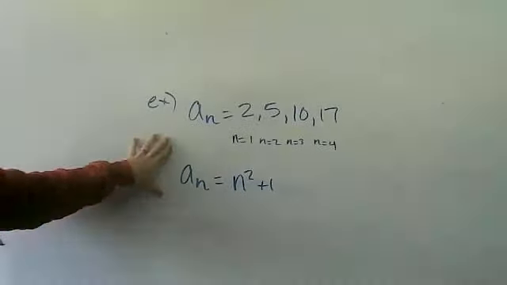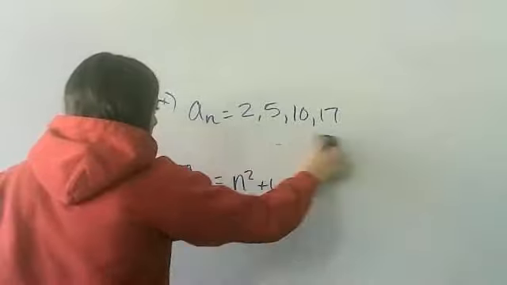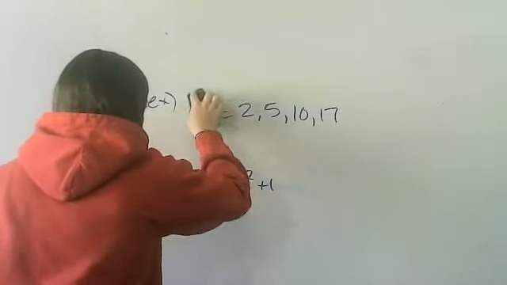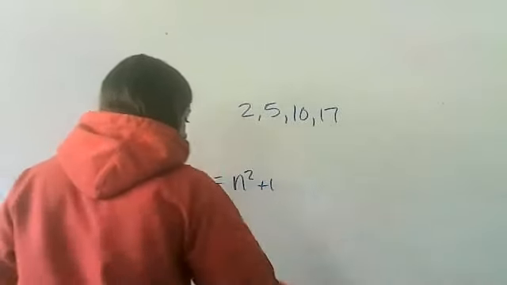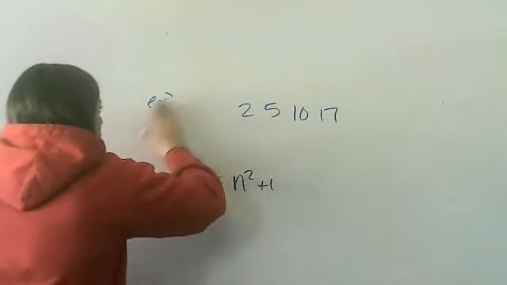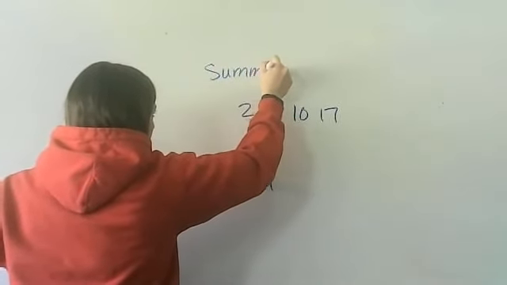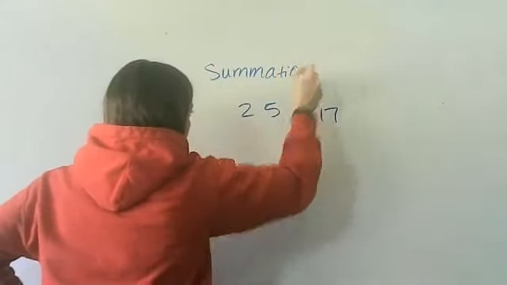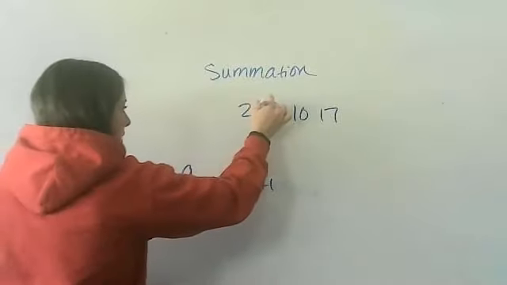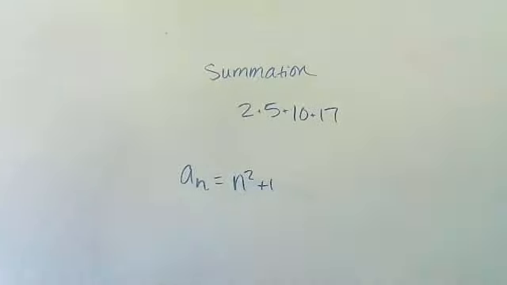I'm writing a rule for a series. I'm going to change one thing about what I have written up here and introduce a new small topic called summations. Summation would be if I, instead of commas, had an addition sign in between all of these.